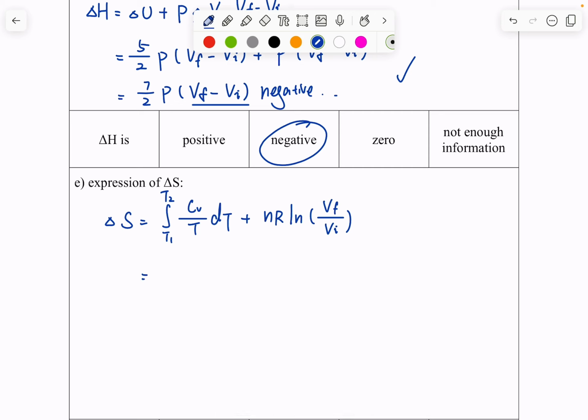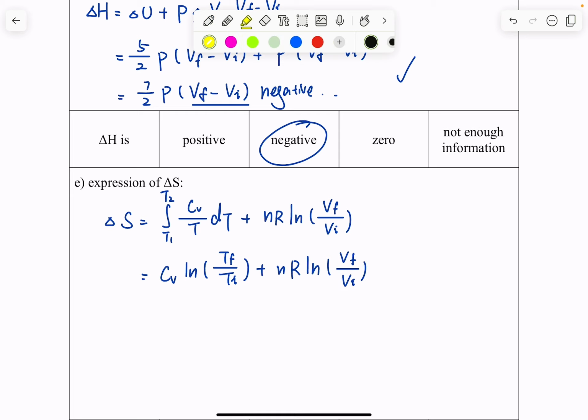Solving this integral, the first term gives Cv times log T final over T initial, plus nR log V final over V initial. Now what is my T final over T initial?